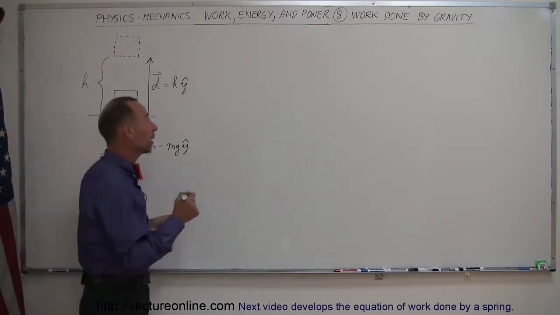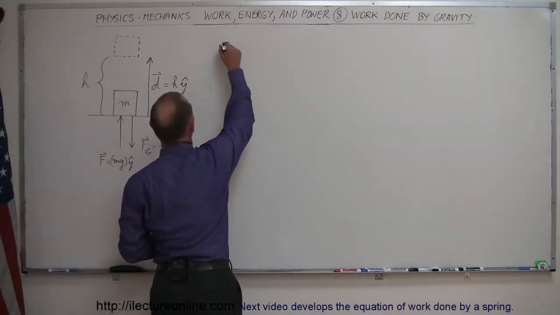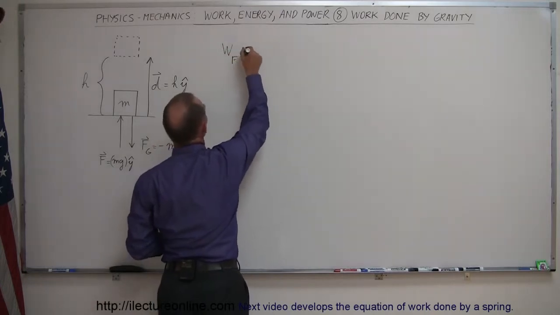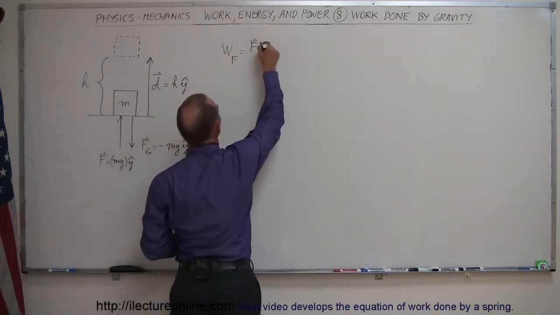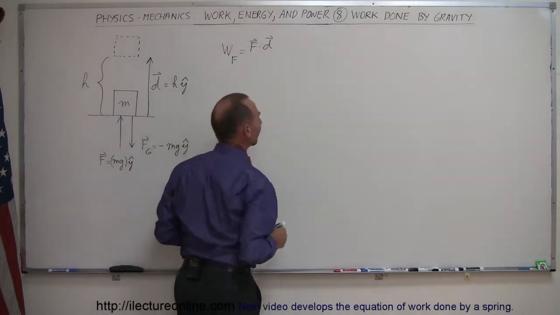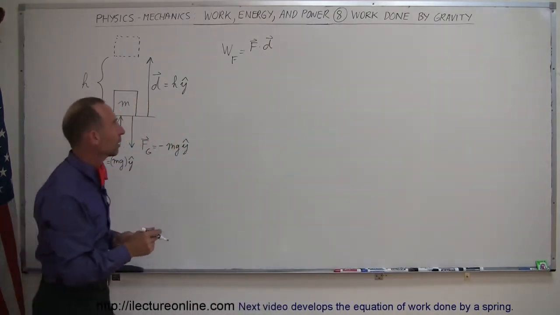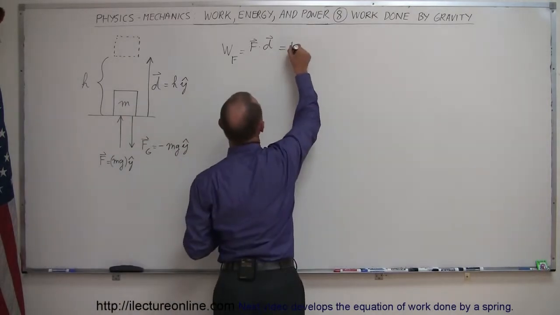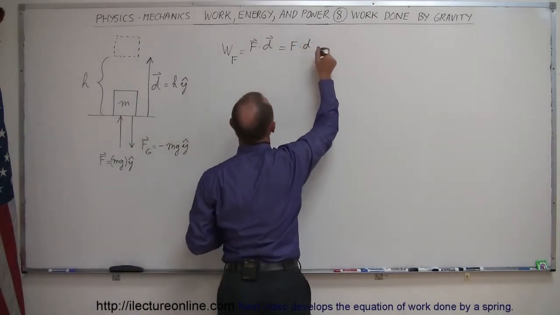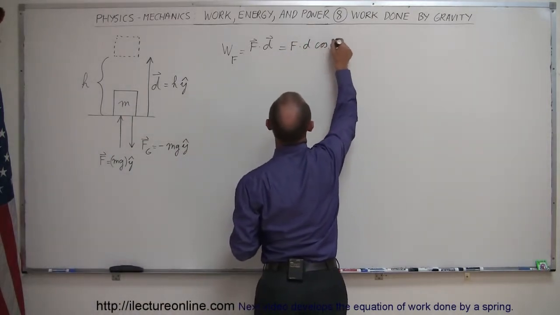That means that the work done by the force is equal to the force times the displacement. Of course, these are vector quantities, and so we have to multiply them with the dot product. So this is equal to the magnitude of the force times the magnitude of the displacement times the cosine of the angle between them.